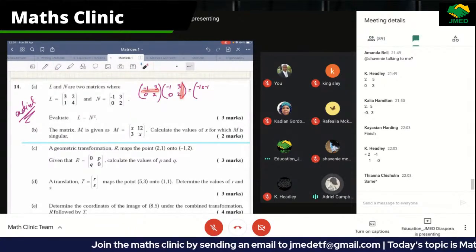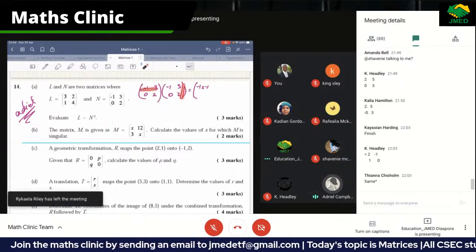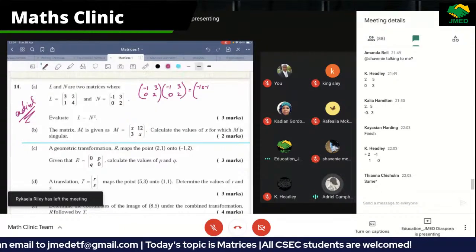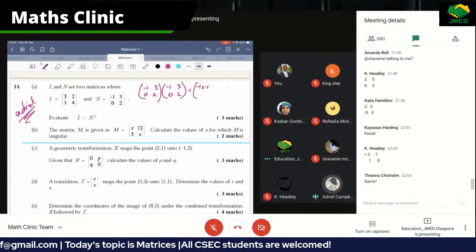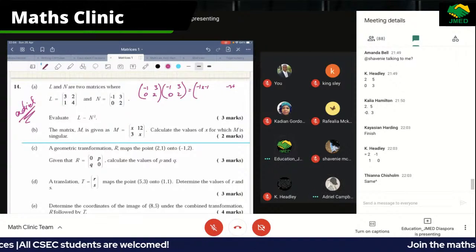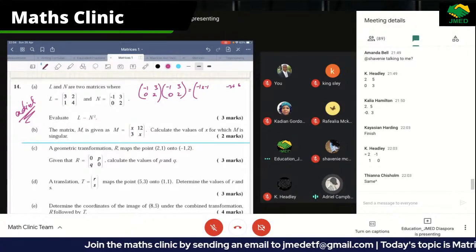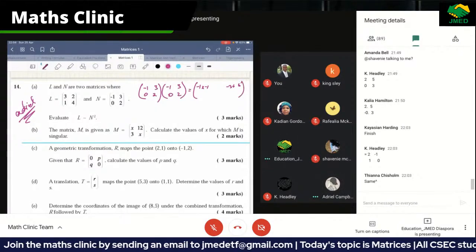Then you'll continue to use that first row to multiply the second column, where you'll have negative 1 times 3 plus 3 times 2. Okay, that's fine.